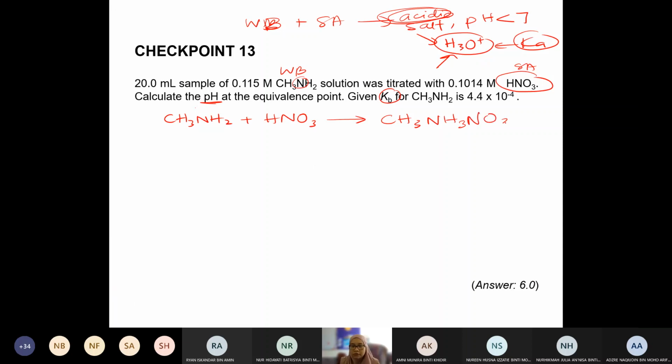Okay, NO3. Okay, there's no water. Jangan ingat every time buat reaction tu neutralization mesti produce water, not necessarily.